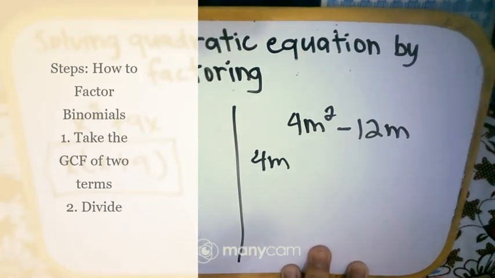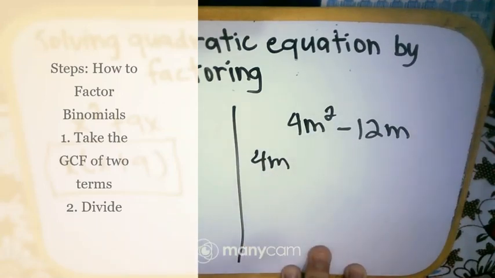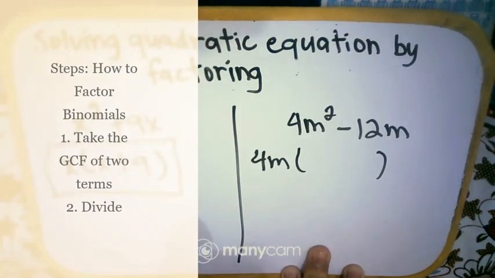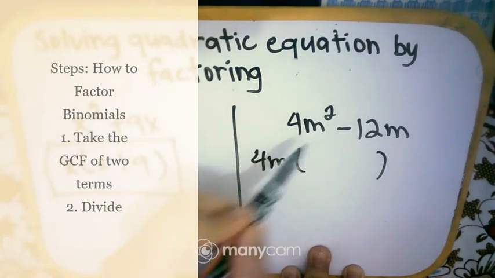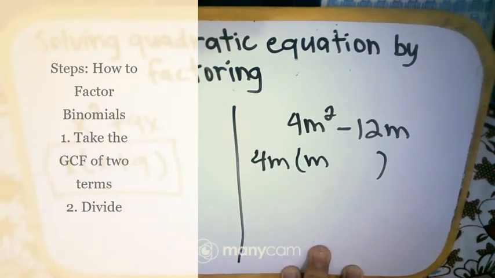Therefore, ang GCF ng 4m squared and 12m is 4m. And then again, let's put the quantity. The second step is divide. 4m squared divided by 4m is m. And of course, we have here minus 12m divided by 4m is 3. And we're done.